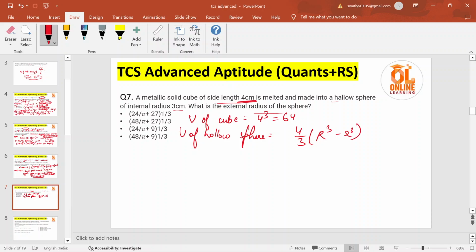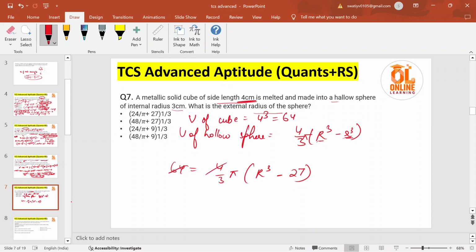The volume of a hollow sphere is equal to 4/3 π(R³ - r³). Okay, 4/3 π, yes, 4/3 π R³ minus r³. So here the internal radius is known to you. This is the internal radius and this is the external radius. So 64 = 4/3 π(R³ - 27), because 3 is the internal radius.